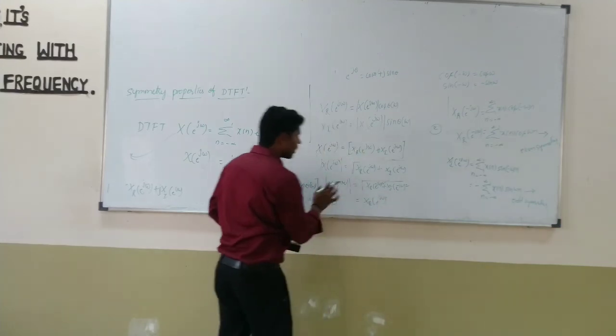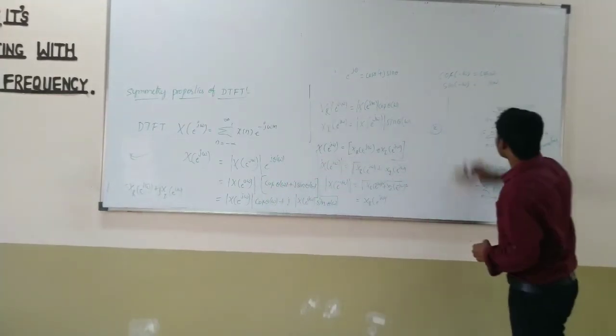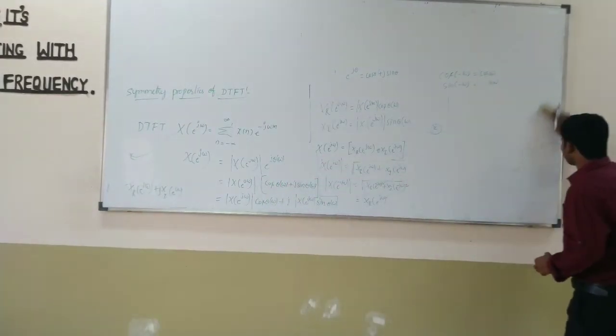So these two are equal. If you find the phase of the corresponding sequence, that is theta of omega.